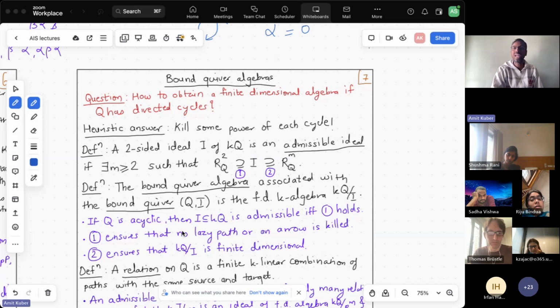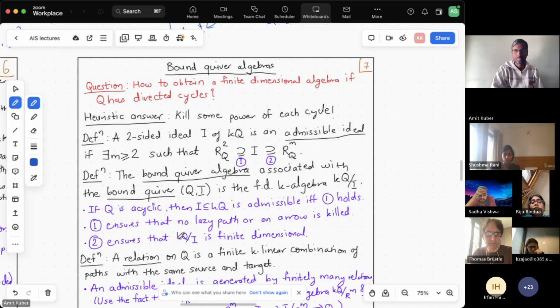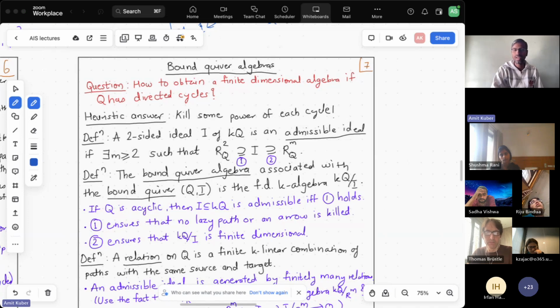So in order to make it finite dimensional, the second condition is necessary. And to ensure that the quiver remains intact, the first condition is necessary. So an admissible ideal is sandwiched between two powers of the arrow ideal. Any questions so far?